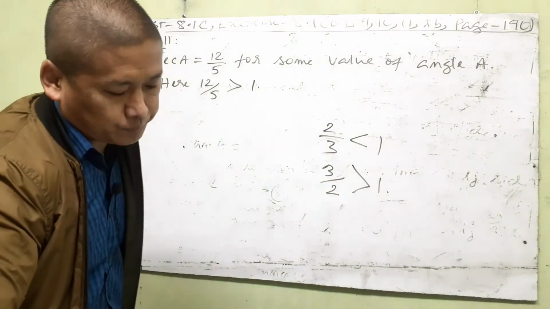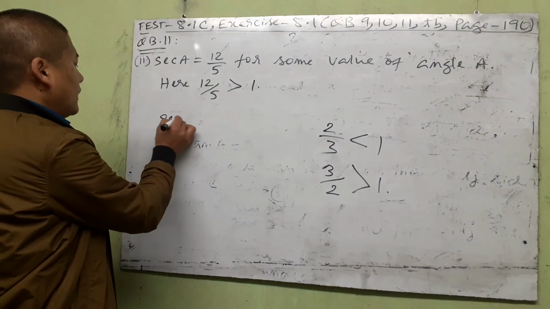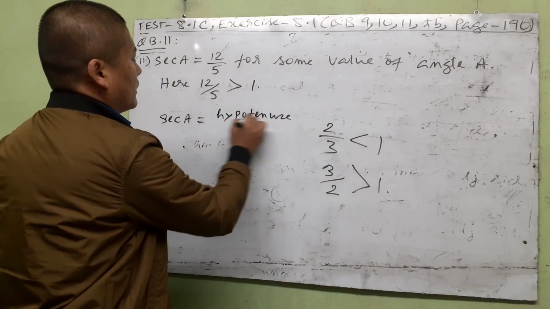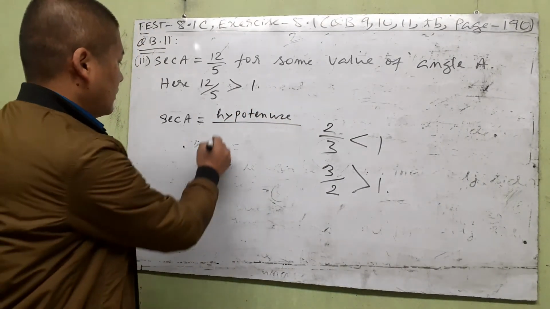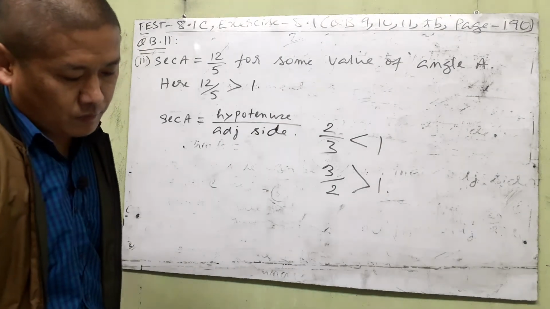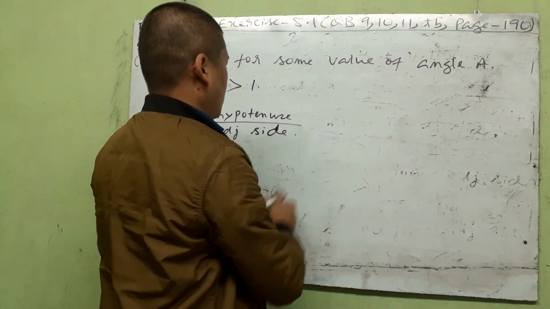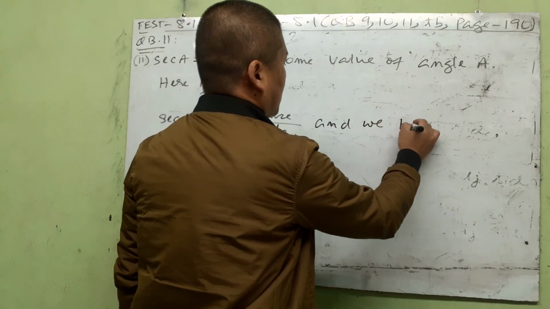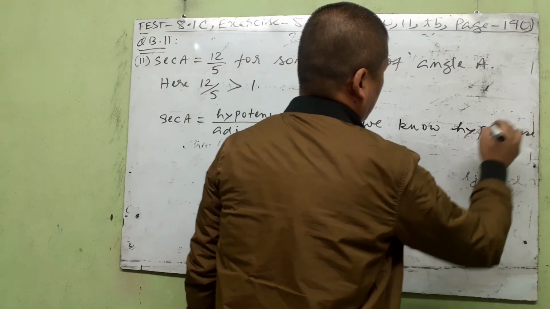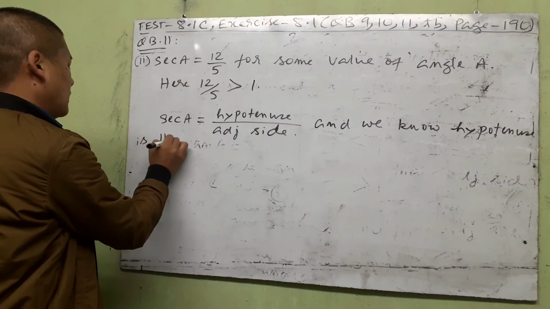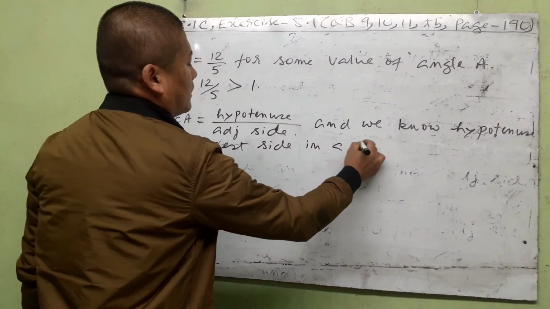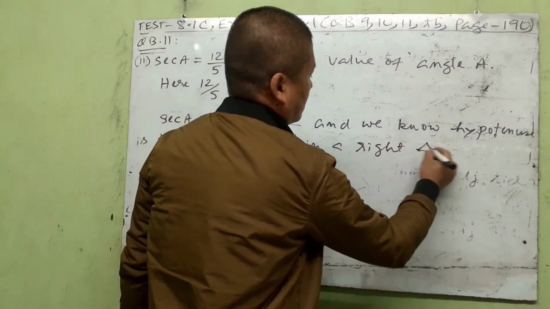Okay, so now we know that the sec A ratio is the hypotenuse side of a right triangle divided by the adjacent side. We know this, we learned this in our first class. And by definition, hypotenuse is nothing but the longest side in a right triangle.